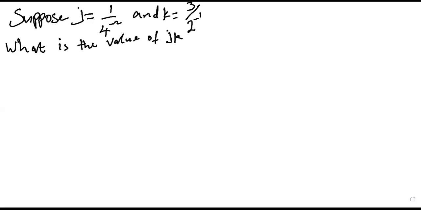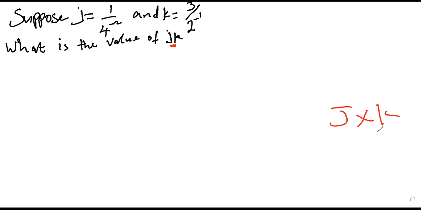And K equals 3 over 2 to the negative power 1. Now they're asking us, what is the value of JK right here, okay? Which is J times K. What is the value of J times K? So that's what they ask us.